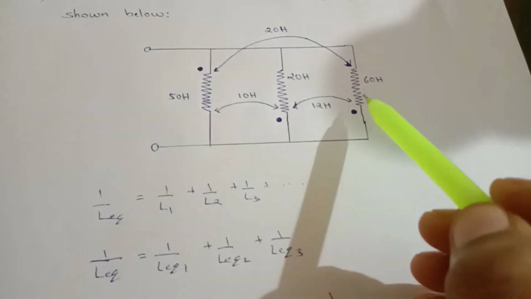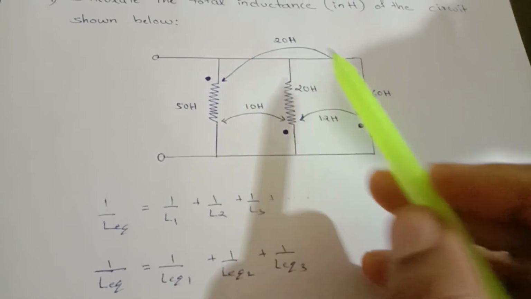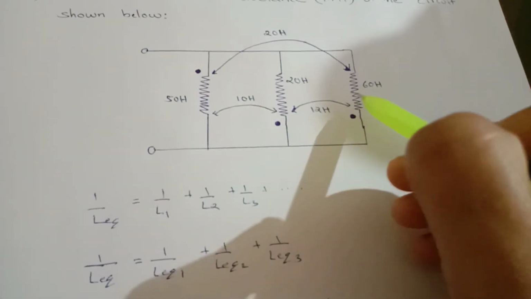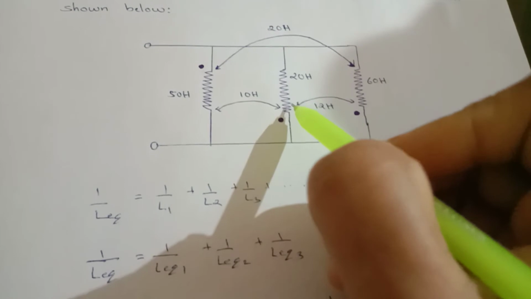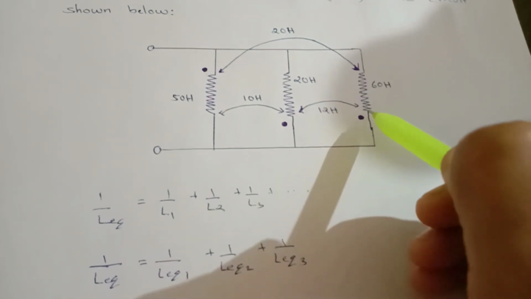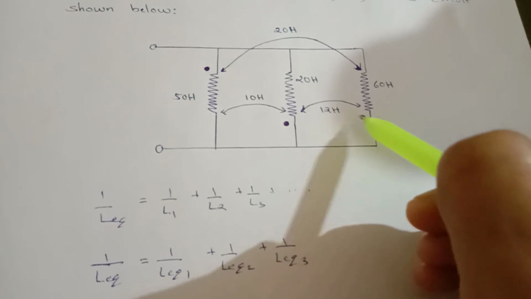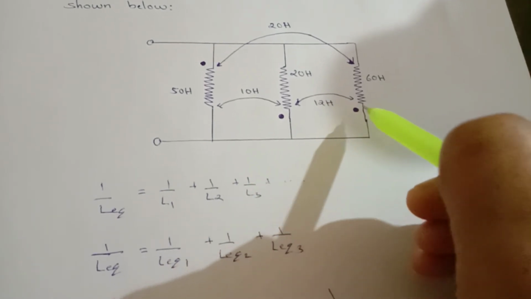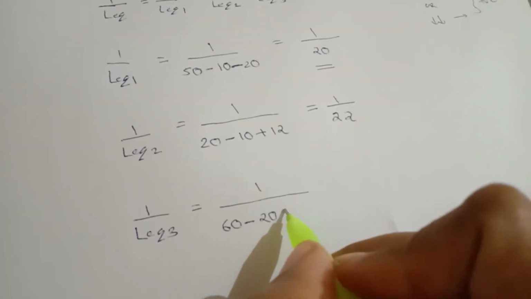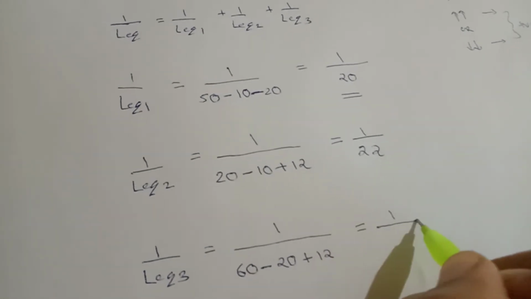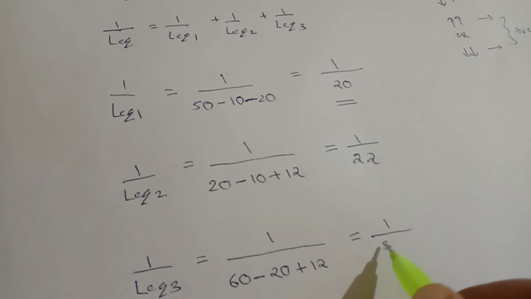So we will consider a negative sign, and the mutual inductance between them is 20 Henry, so you will write minus 20 Henry. Now again you have to consider the third branch and the second branch. The mutual inductance between them is 12 Henry and both the currents are leaving. So we will take a positive sign. So here it is plus 12, and if you solve this, you will get 1 by 52.